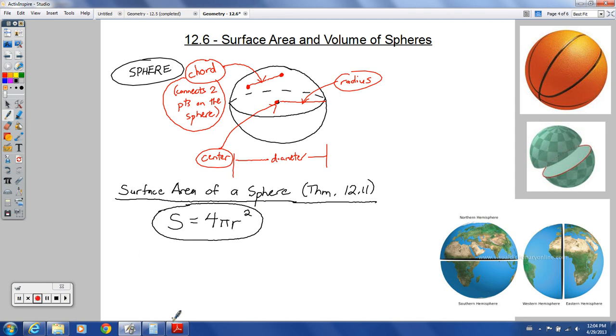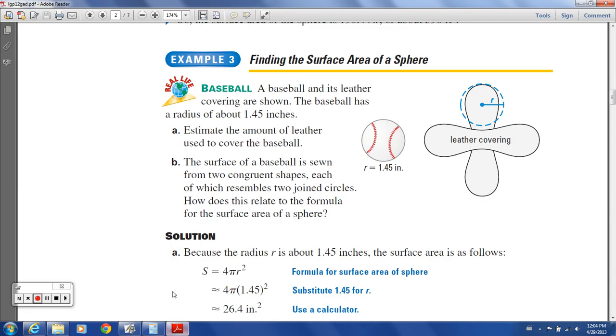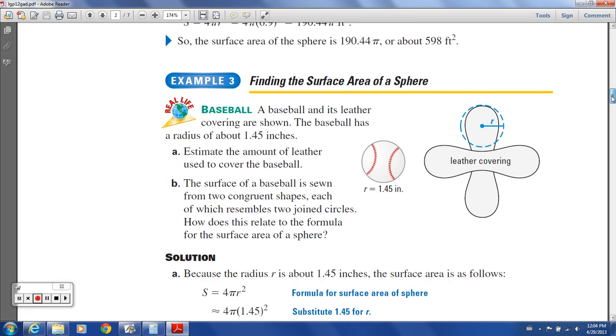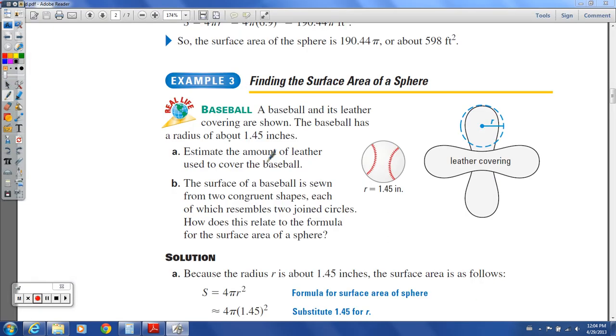To help you remember that, this is not a proof, remember, here is an example where we're looking at a baseball. Maybe you did this as a younger kid, I don't know, but maybe you pulled a baseball apart. Maybe you ripped out the seams, pulled that apart, and you got something that looked like this. This is the net for a sphere. This is what it looks like two-dimensionally when you rip it apart. So notice there's one circle here.